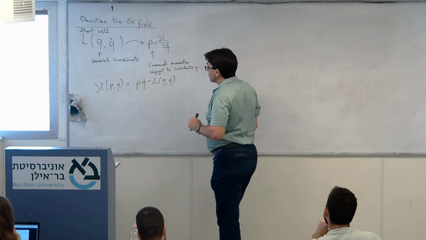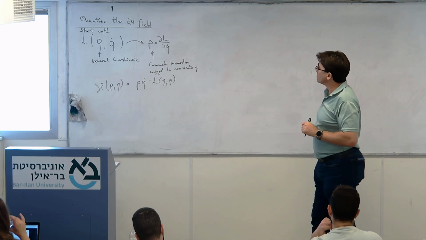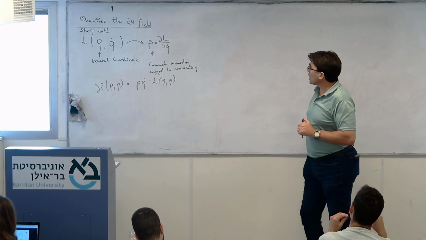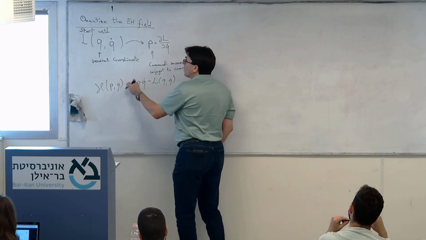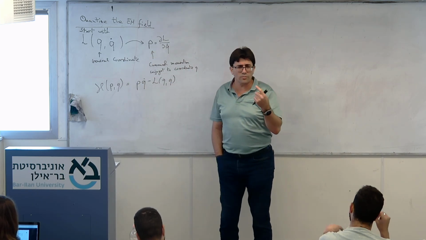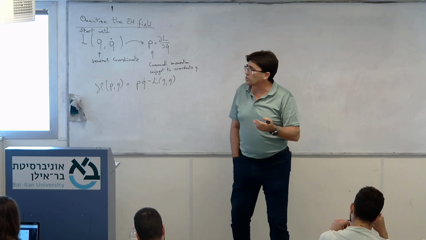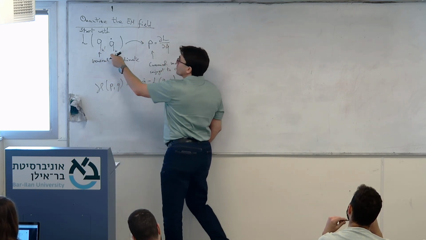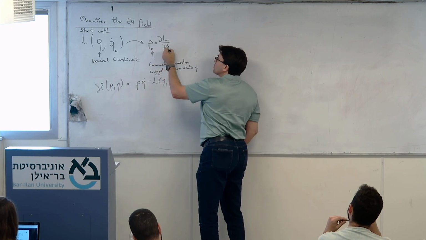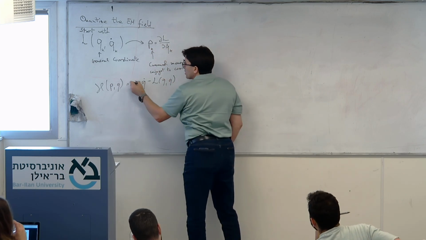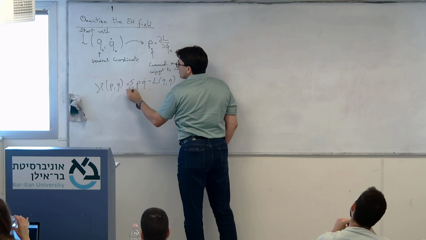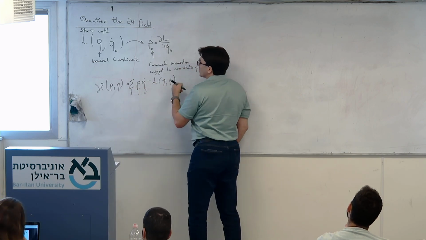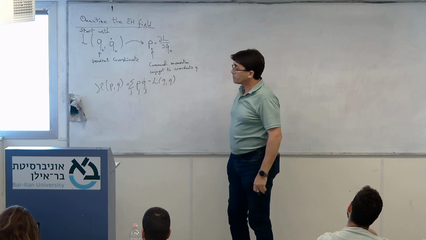Sigma over the p q dot? Yes, of course. Right now I assume just one coordinate for simplicity, but generally there are many of those, and then I would sum over j, p_j q_j dot, minus the Lagrangian.